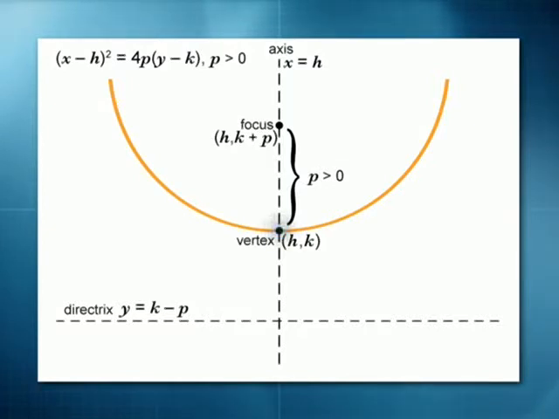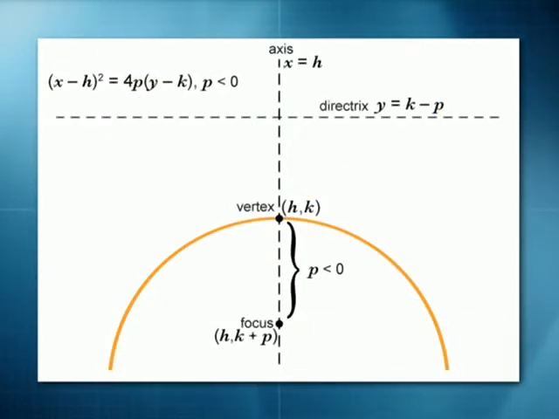If the vertex is at h, k, then the focus would be p units upwards, so it would be at h comma k plus p. You add p to the y coordinate. Notice that the directrix has equation y equals k minus p, because you're below the vertex.